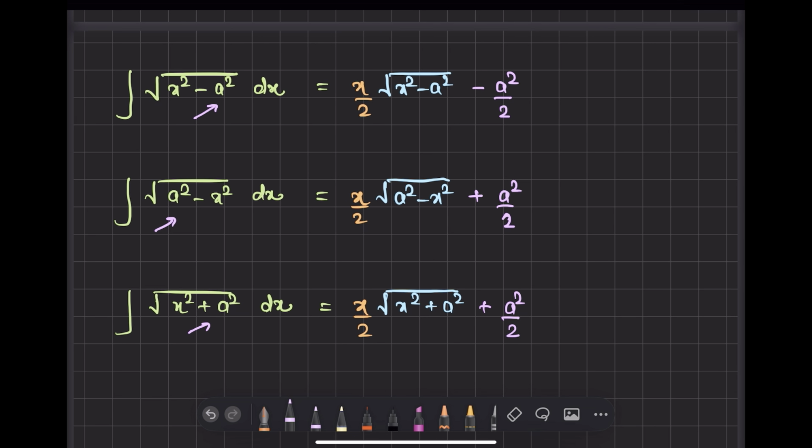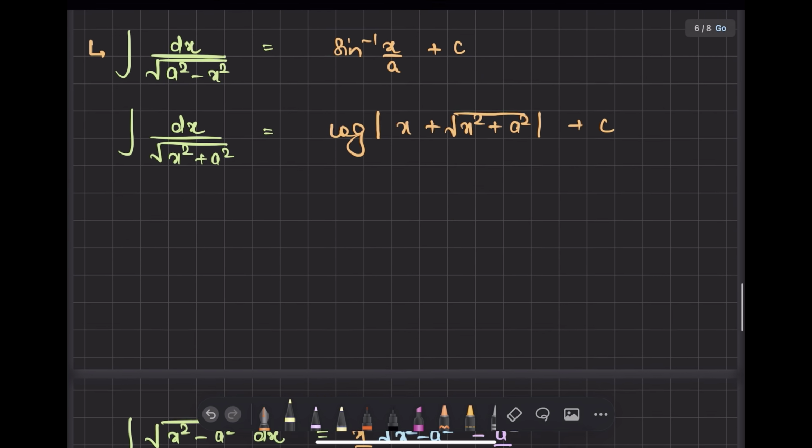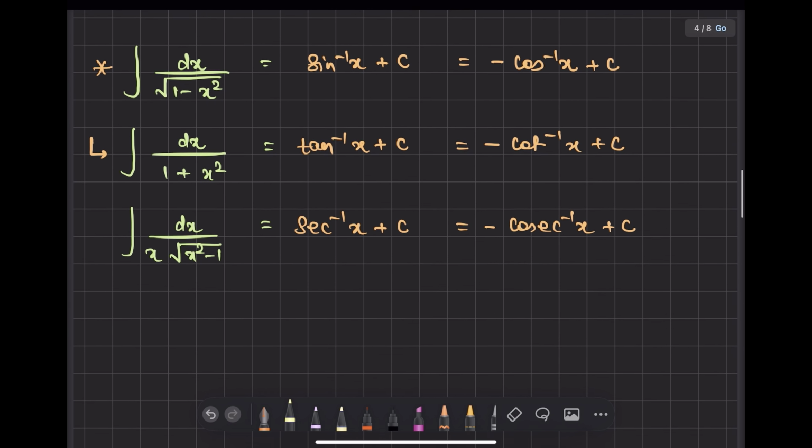I'm trying to connect some relationship with the explanation so that you can memorize these formulas. This has been derived in a different way, but you have to memorize it this way only. Among these three sets of formulas, first you have to connect to which formula you are comfortable with.